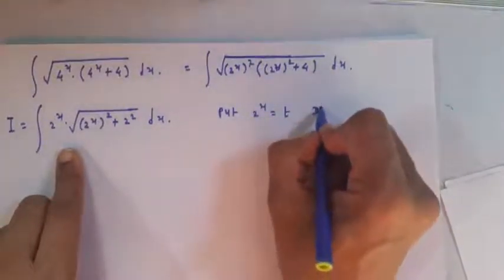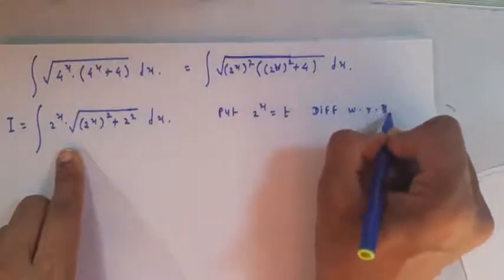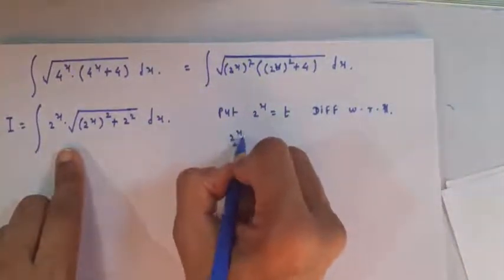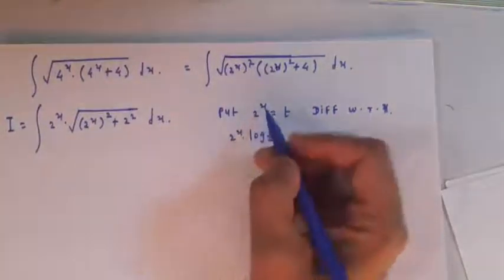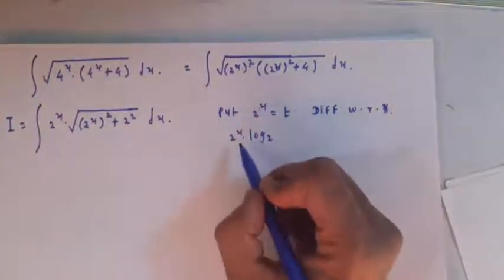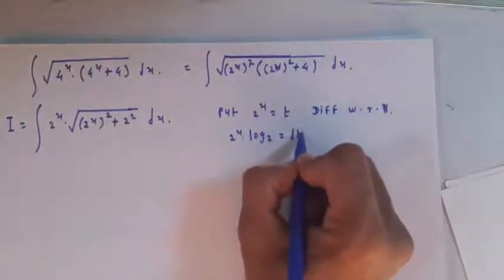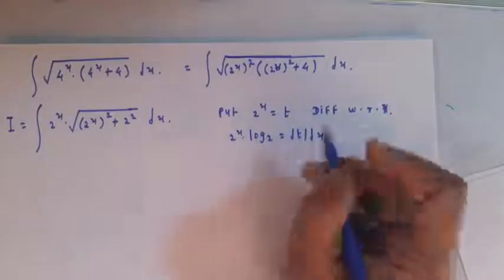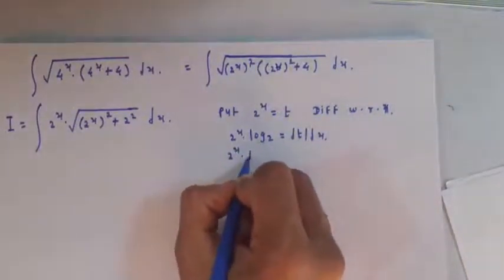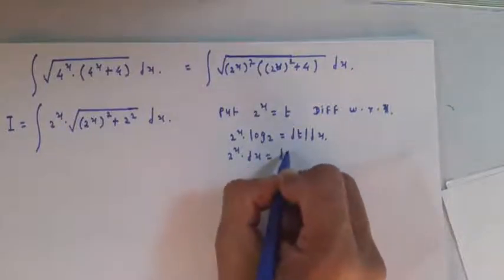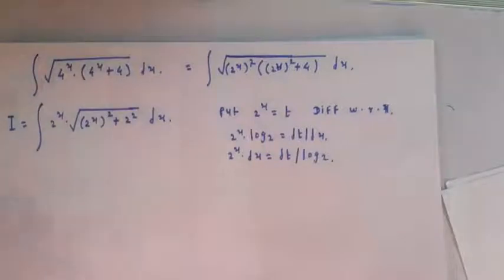Differentiate with respect to x, you will get 2 raised to x into log of 2. Differentiation of a raised to x is a raised to x log of a. That's why 2 raised to x log of 2 equals dt by dx, and therefore 2 raised to x dx equals dt upon log of 2.